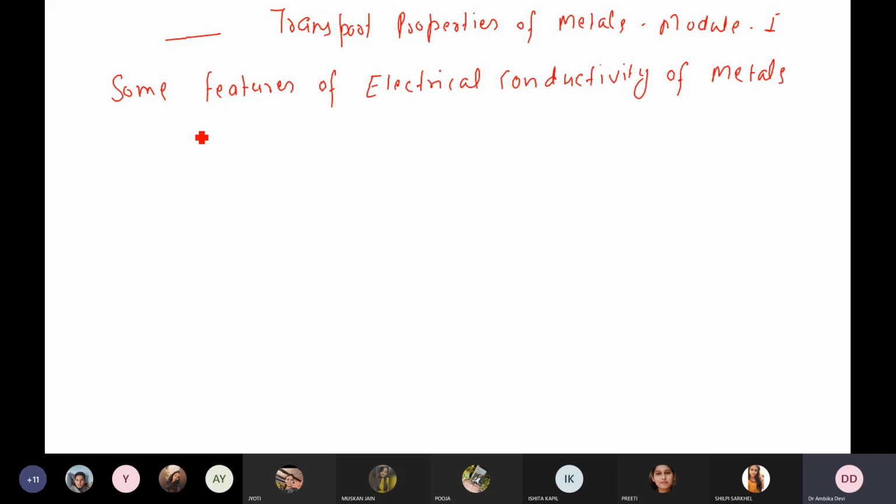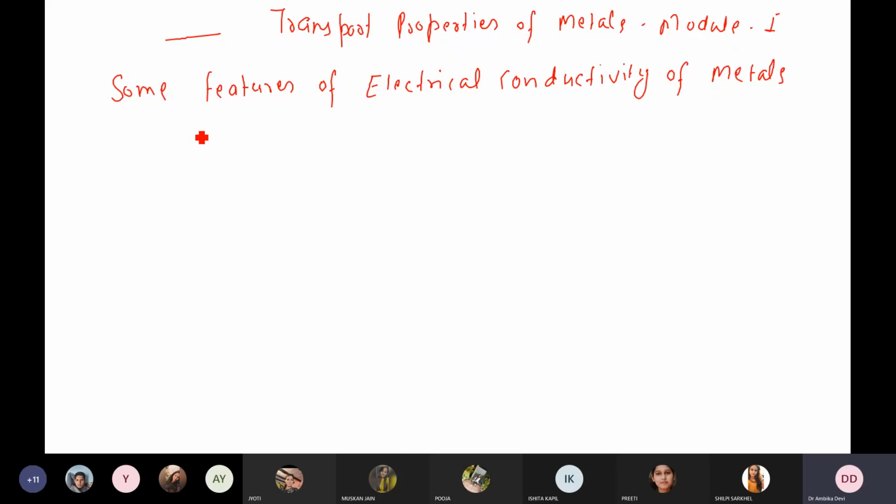So the experimental data for the electrical conductivity which we are finding for matters must be concurrent with the model which we are going to talk about. Theoretical model must verify the experimental data. So this is one of the major things which we need to take care of.